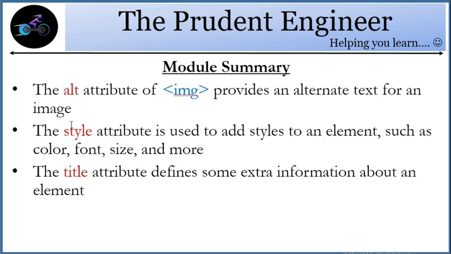Then we used the alt attribute with the img. We got to know that with the style attribute we can do a lot of things, such as color, font size, and background color. And the title attribute defines some extra information about the element.